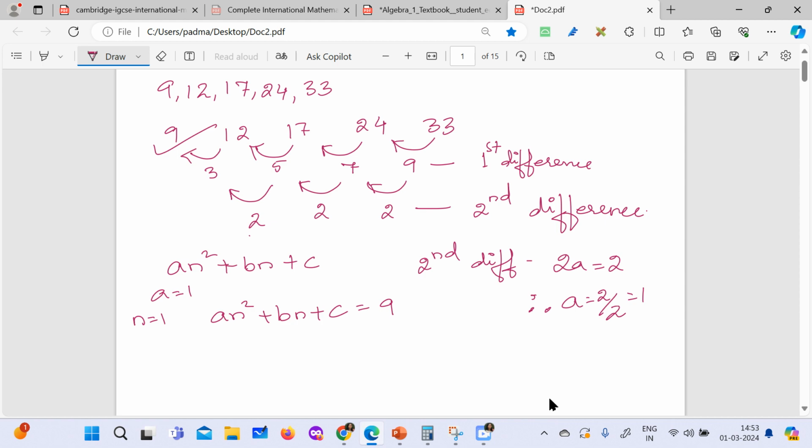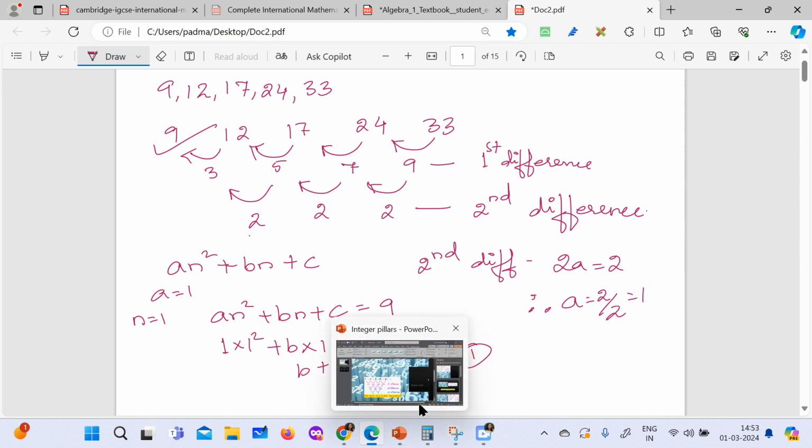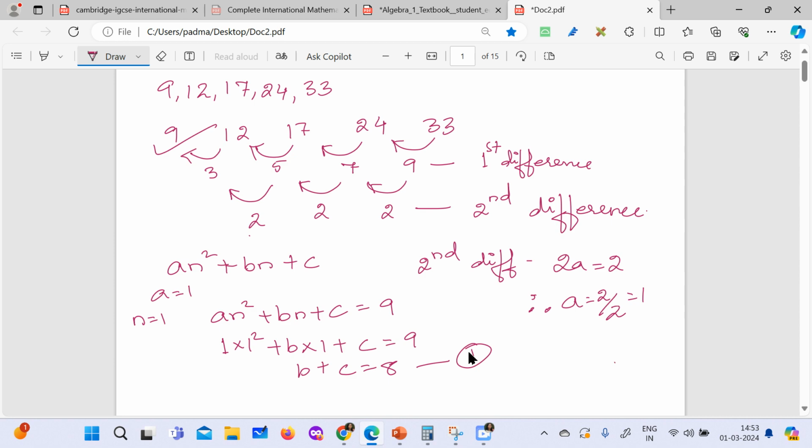Now I will substitute 1 in place of a and 1 square here, plus b times 1 plus c is equal to 9. So you will have b plus c, and 9 minus 1 will give you 8. I will mark this as my first equation. Is this clear to you until here? Yes, miss.